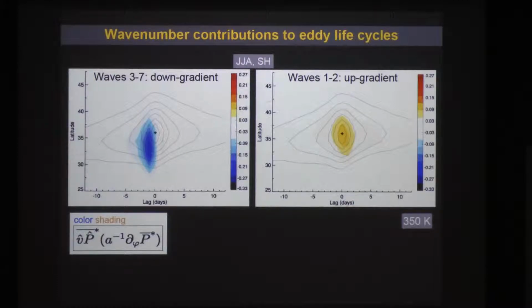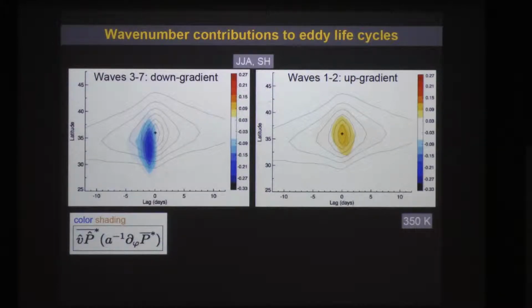We see that all the down gradient fluxes before, in the amplifying stage, come from the medium scale waves that we could see in the animation amplifying and breaking. And all the up gradient fluxes come from waves 1 and 2. Okay, so while these waves here break and flux Enstrophy, the Enstrophy goes into waves 1 and 2, where you have wave decay and where you eventually get your up gradient fluxes from.